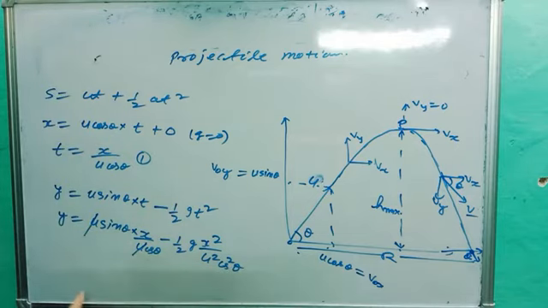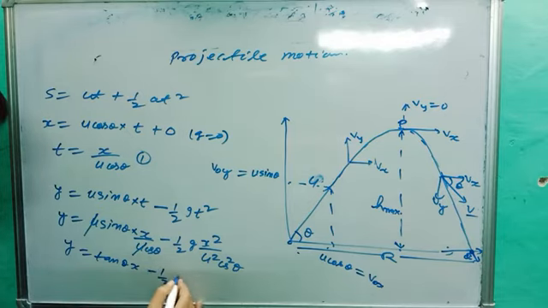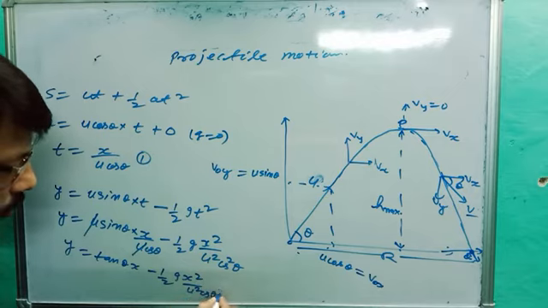U cancels out, sin theta upon cos theta is tan theta. So y is equal to tan theta into x minus 1 upon 2 g x square upon u square cos square theta.